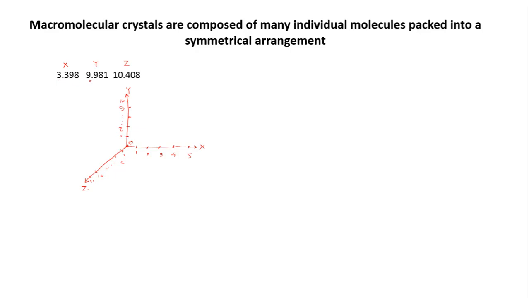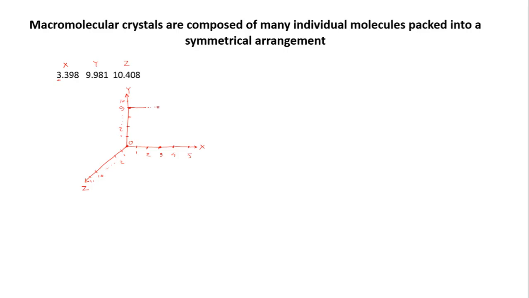So what these coordinates represent is the location of your nitrogen atom. Your nitrogen atom is located on the x-axis at a distance of 3, so this is your x coordinate. On the y-axis it is located at the 9th position, which is over here.